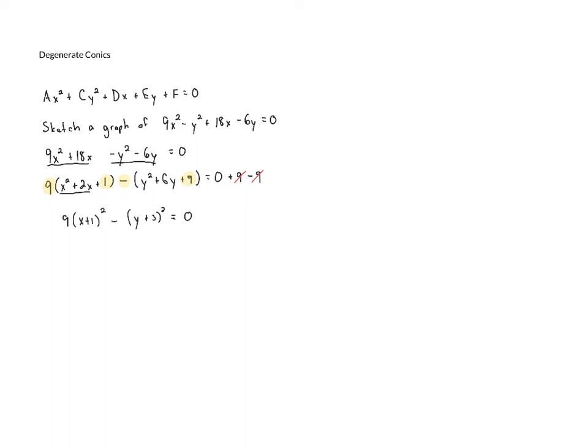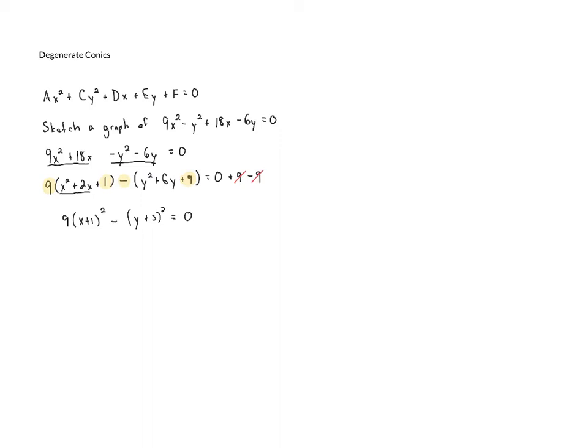Now this looks kind of like a hyperbola because we've got a positive term with the x squared and a negative with the y squared. But there's a problem, and the problem is that our constant term is 0. Remember that when we have a hyperbola, we want to divide so that we end up getting 1 on the right-hand side to put it in the right form.